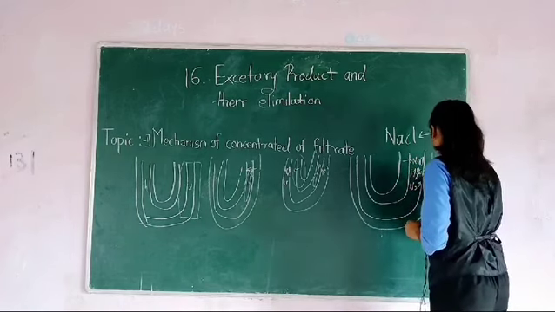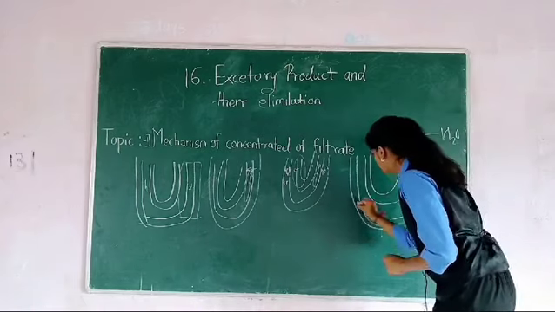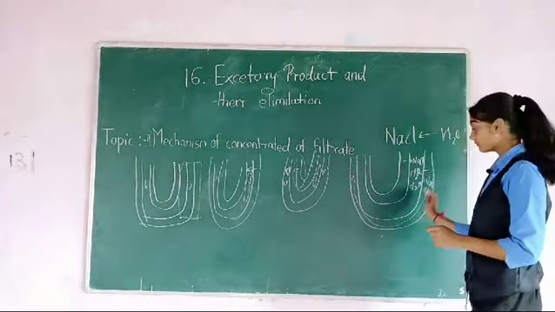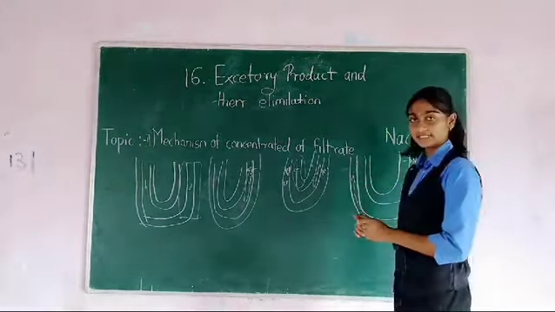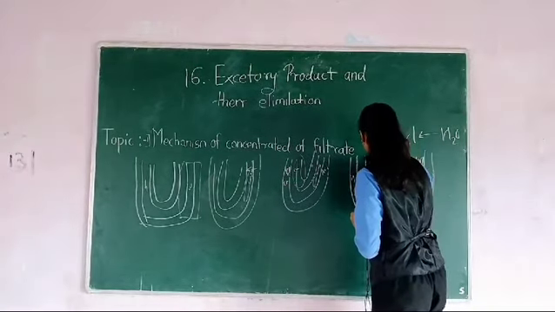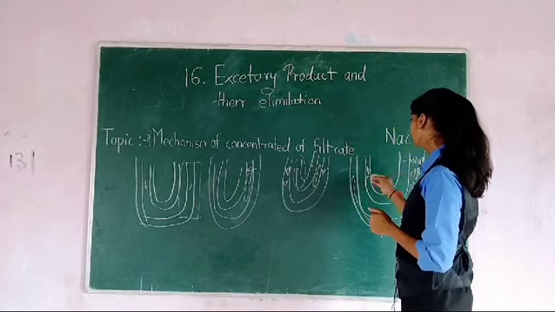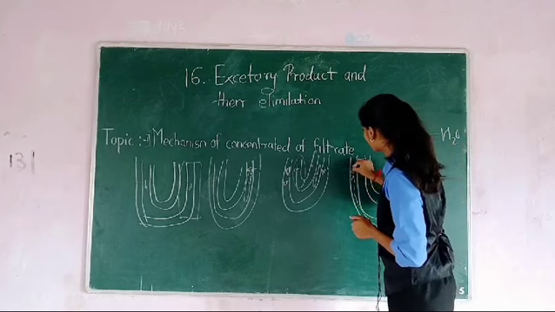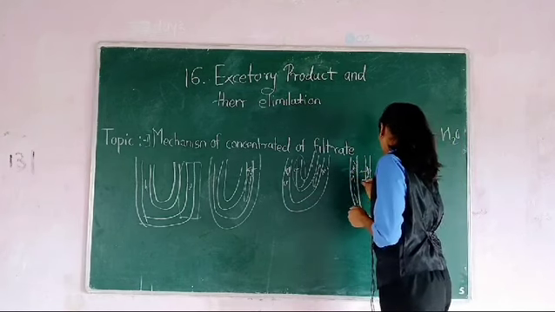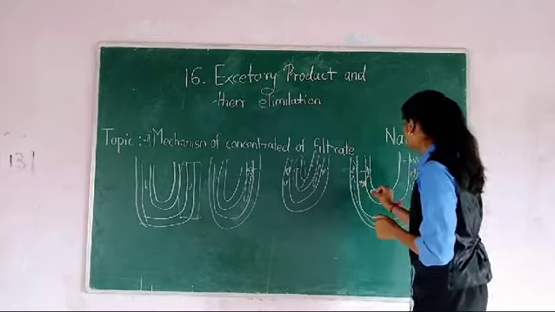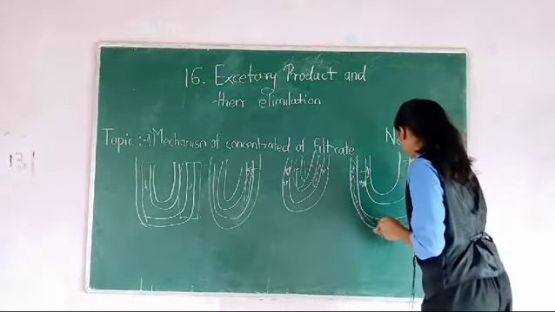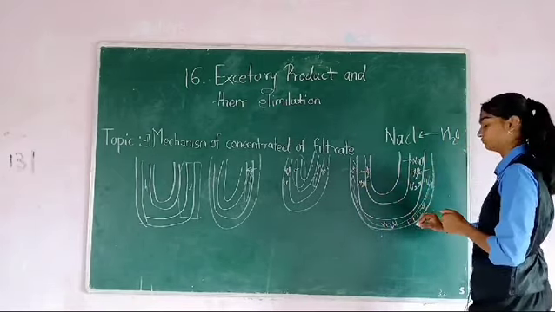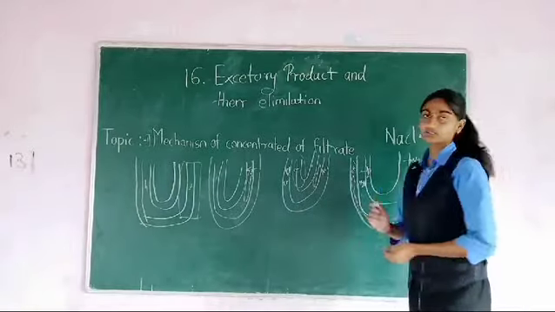Then NaCl travels from the vasa recta towards the descending loop of Henle. Here H2O is attracted to the NaCl, then water goes to the vasa recta. This is called counter current.